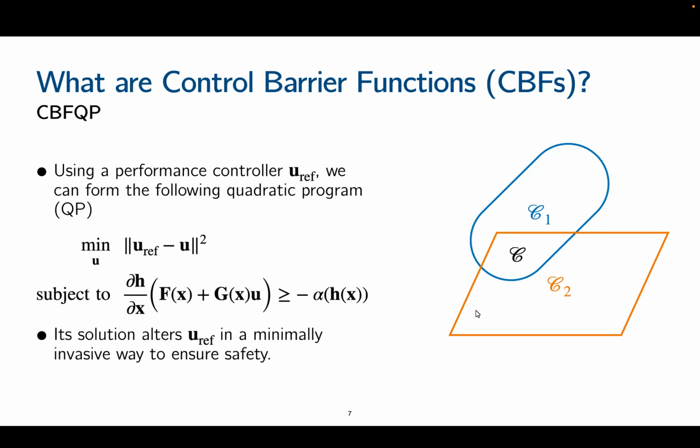The solution to this QP is the closest controller in the least square sense to u_ref that also satisfies the CBF constraint, which we also say alters u_ref in a minimally invasive way to ensure safety, if we see the CBF QP as a filter on top of the performance controller. In this case, the performance controller ensures task completion while the CBF constraint ensures safety.